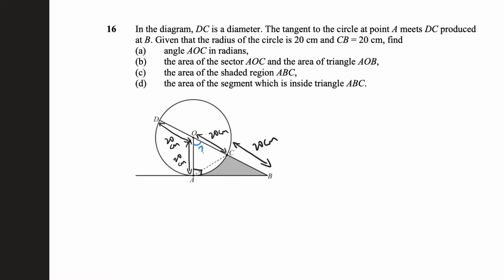Do we know anything else? Doesn't seem like it. So let's construct this triangle AOB, and this is the angle we are looking for. Let's fill in what we know. This is 20, and since this is 20 plus 20 cm, this whole thing is 40 cm.